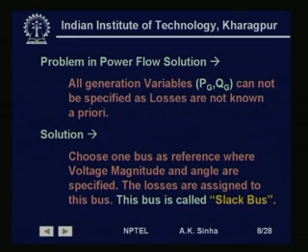Generally, this is a bus which has very large generation available, so that there will be no problem for it to take up the losses. This bus in power system terminology is called a slack bus, because it takes all the slack, that is, all the losses in the system.